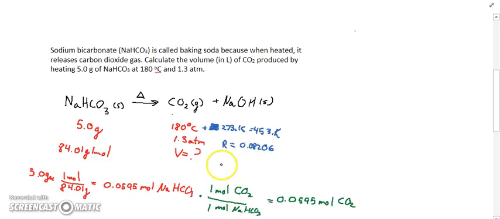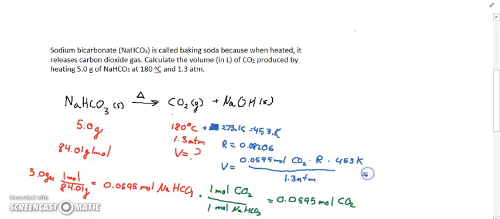So the way this equation sets up is that the volume is equal to our moles, 0.0595 moles CO2 times R, which the value is there, times our temperature, 453 K, and divided by our pressure, 1.3 atmospheres. When we solve that, we get a volume of 1.7 liters of CO2.